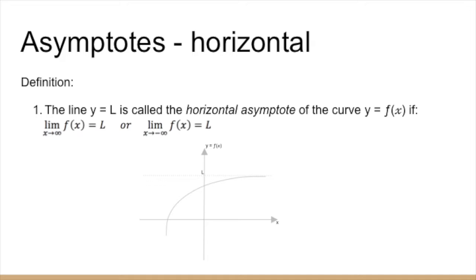The definitions of asymptotes are also important to know, as they can help us in understanding the limit and graph of a function. When y is equal to L and the value of x is going to infinity, it has a horizontal asymptote. It can be the same for x goes to negative infinity.